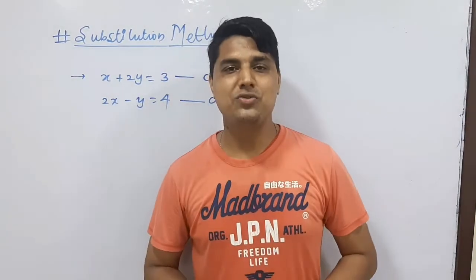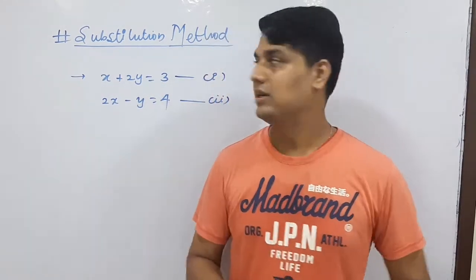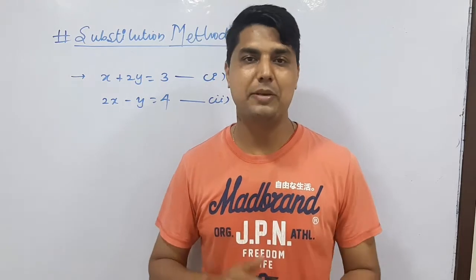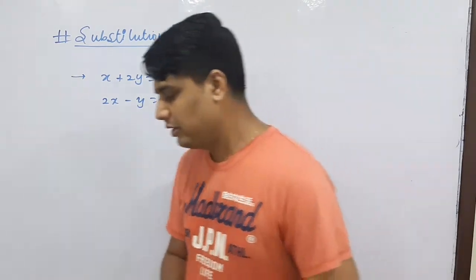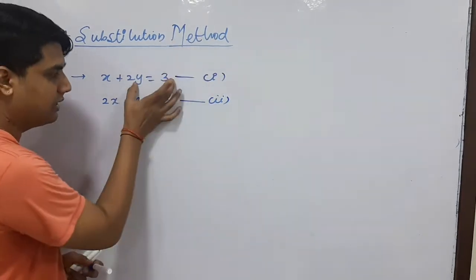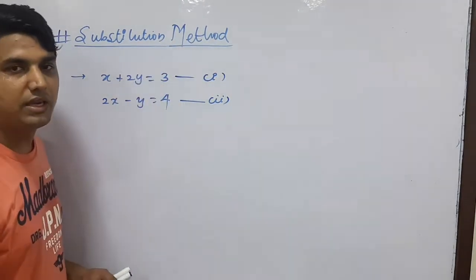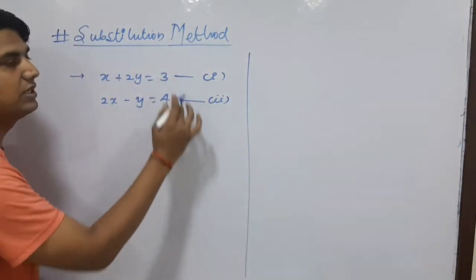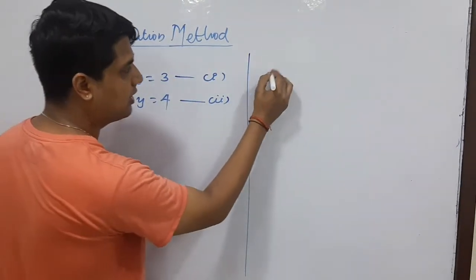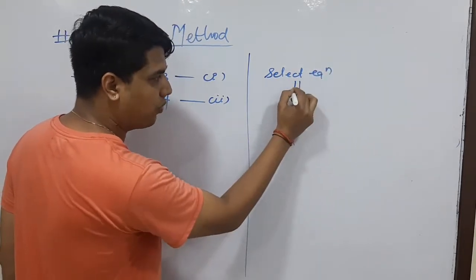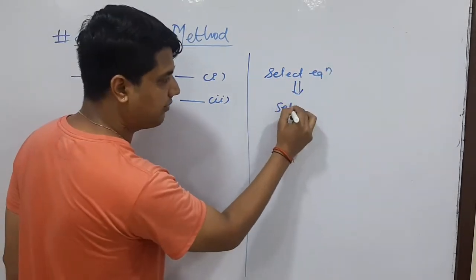In today's video, we are going to learn the substitution method to find the values of the variables, that is x and y. When we talk about the substitution method, two equations are always given. From these two equations, we first select one equation, and from that equation we select a variable.